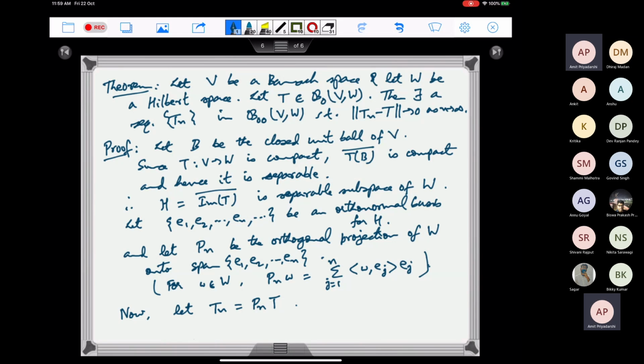So then clearly this Tn is a finite rank operator. This is defined for every n. Then Tn belongs to B00(V, W).